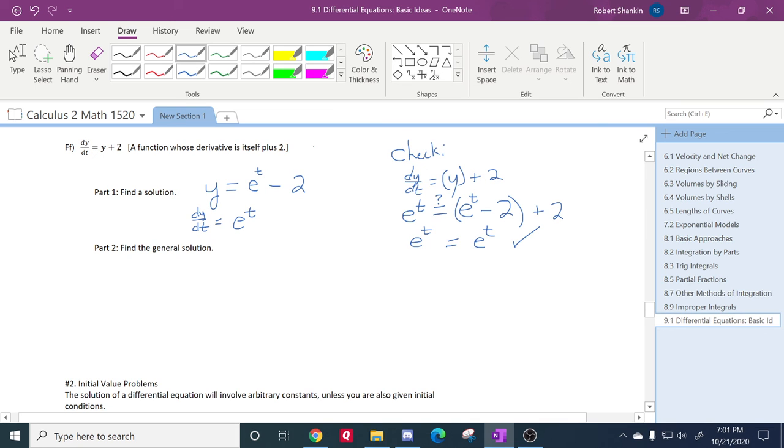Does this seem valid to y'all? This check. Is this y really a function whose derivative is itself plus 2? Yeah, it seems to work over here.